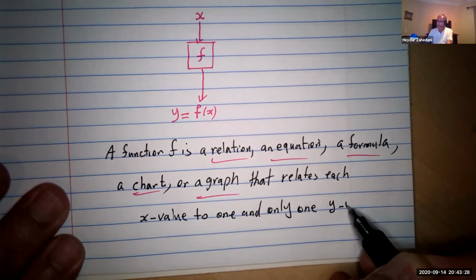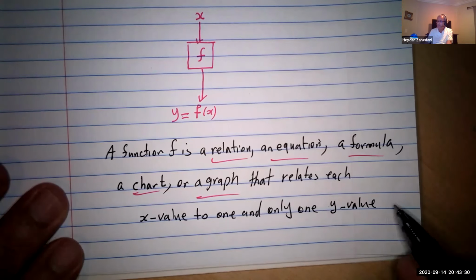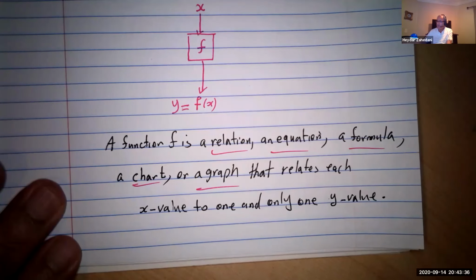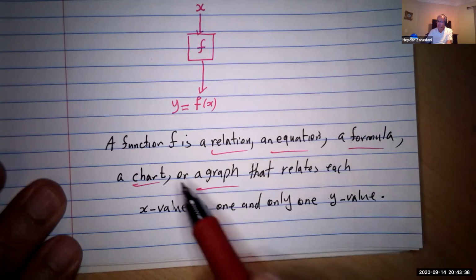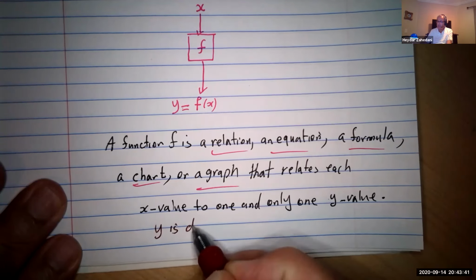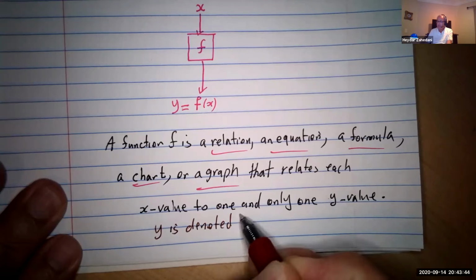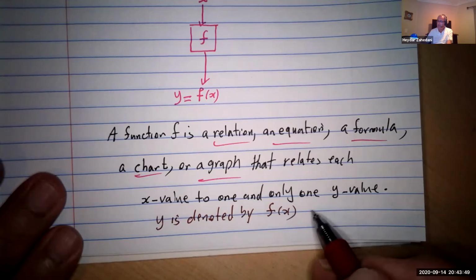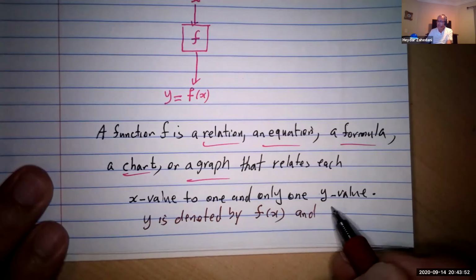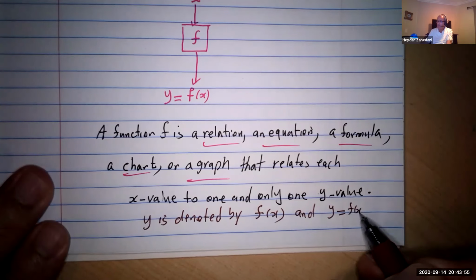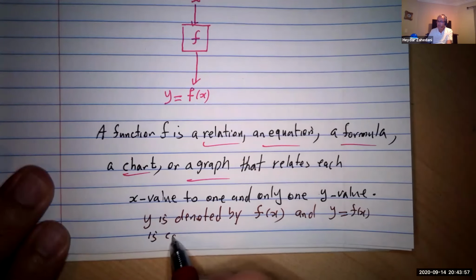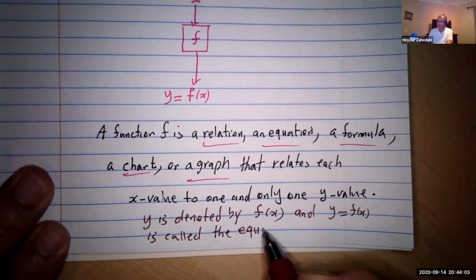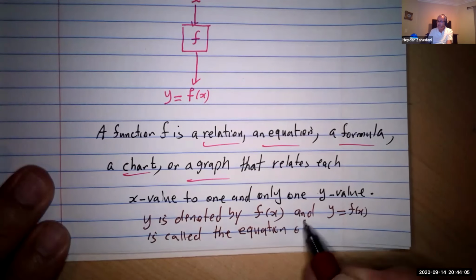Remember, one. So we drop the x in, we get one y out. This y is denoted by f of x, the action of the function on x. And in this case, this relationship y equals f of x is called the equation of the function.